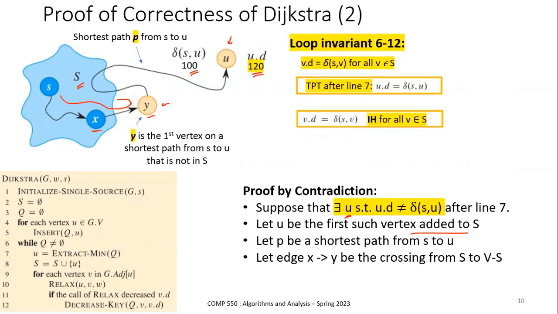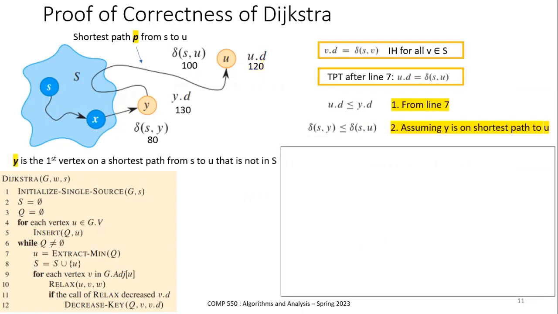If that is clear, let's go on. Now we're going to make a number of statements which all lead up to this contradiction. From line 7, we've seen that U must have the shortest path estimate.